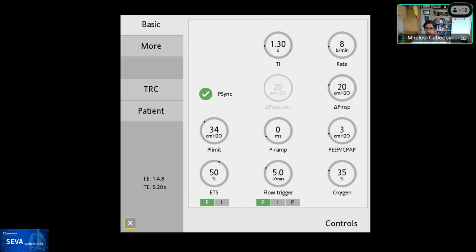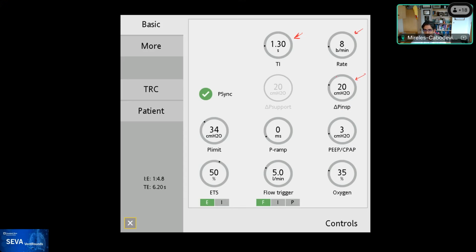The first one over here is the inspiratory time, for the mandatory breaths. You have the rate, self-explanatory, easy to understand. You have the change in inspiratory pressure. This is the pressure that the patient gets with every mandatory and spontaneous breath. You'll understand that in a second as we go through it.